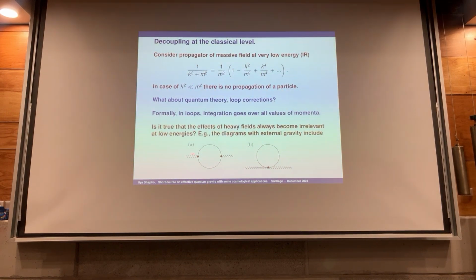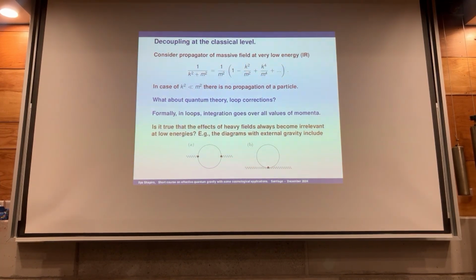If the energy of your particle is much smaller than the mass of these two particles which you need to create, the probability to create them should decrease. So the contribution of this diagram to the propagation of the gravitational mode is going to be very weak. This is the whole point.